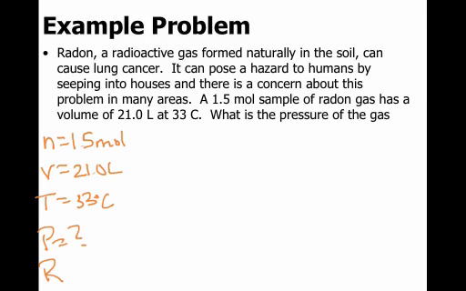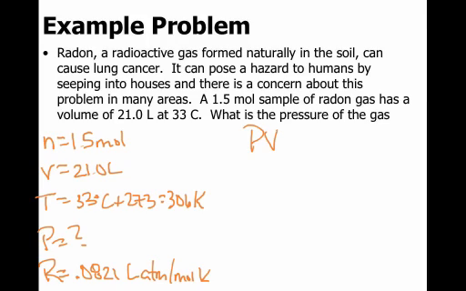Just like always, we're going to use the same R value, 0.0821 liter atm per mole K. The only one we have to fix here is temperature; we're already in moles for n and liters for volume. We add our 273 for our temperature, and that comes out to be 306 K. Our pressure is what we're solving for.